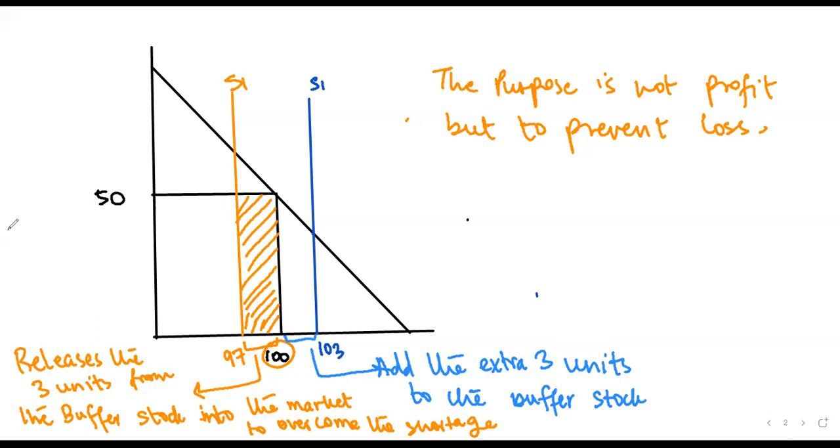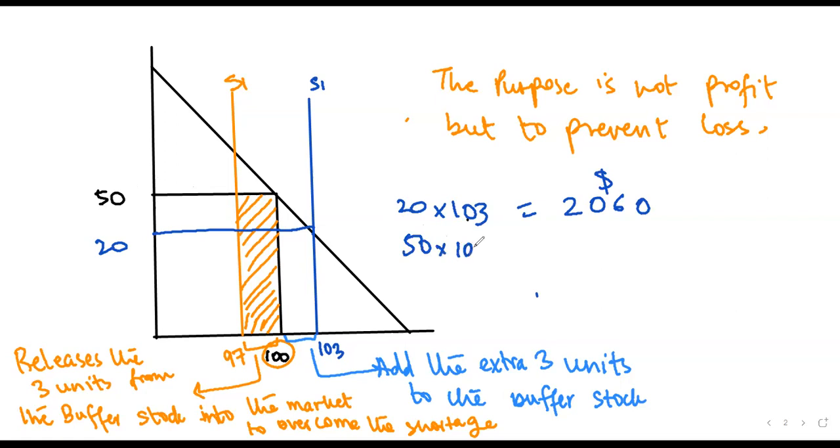Yes, miss. If the government had sold all of these 103 units, Durya, for example, at $20, 20 into 103, that's 2060 total revenue. $50 into 100 is 5,000.